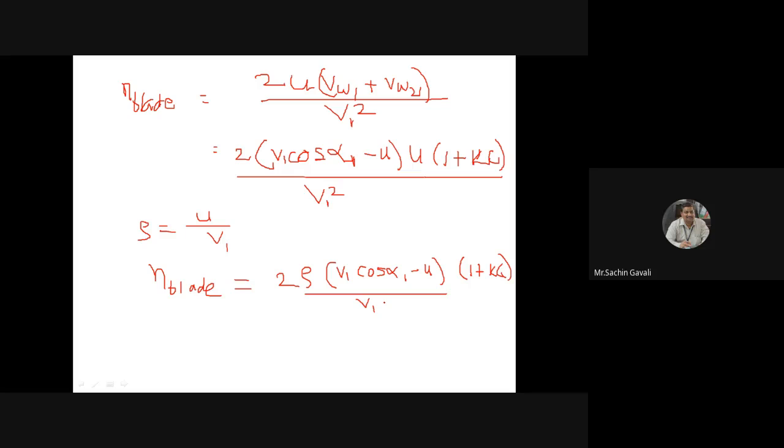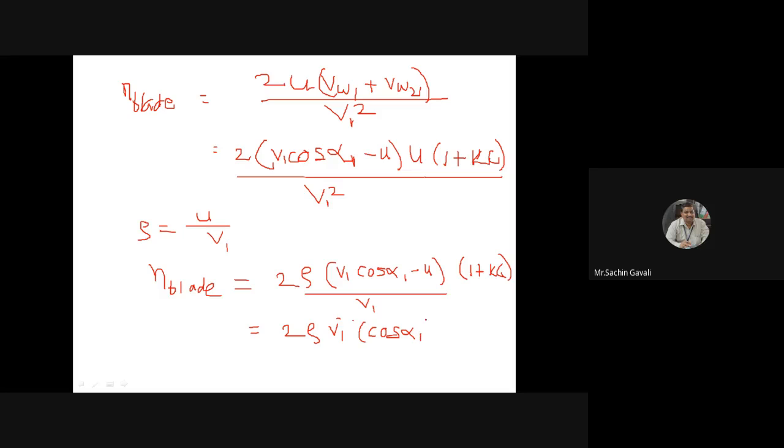Now what we'll do, this V1 we will take common. जर V1 common काढला तर काय, 2 rho into bracket, V1 काढल्यामुळे इथे फक्त cos alpha 1 उरला. हे जर तुम्ही लिहित असेल तर लिहून काढा बरं का.